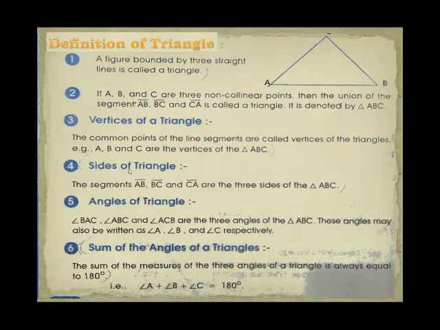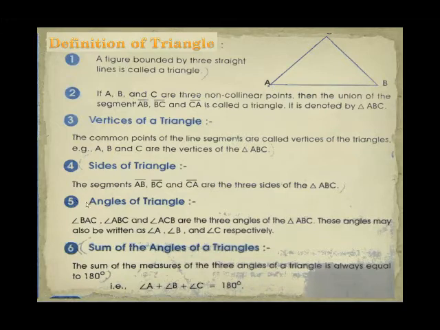The fourth thing is the sides of the triangle. As you see in the previous figure or in this figure, the segments AB, BC, and CA are the 3 sides of the triangle ABC. It means that the sides AC, CB, and BA or AB are the sides of the triangle.